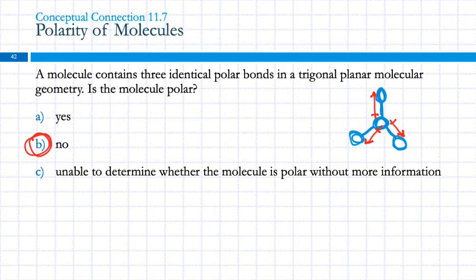If you have this trigonal planar molecular geometry where things are spread out, equally spaced, then you'd have to have one of these being a larger vector, larger dipole moment, in order for there to be a net dipole moment in the molecule. Or you would have to have these be unevenly spaced, right? But they're not. They're spread out equally. Any questions? This is going to be a bit hazy until we get through all of it, and hopefully it'll make more sense.